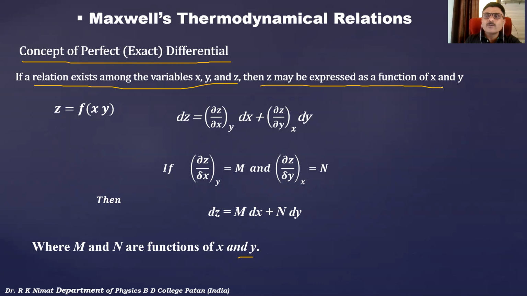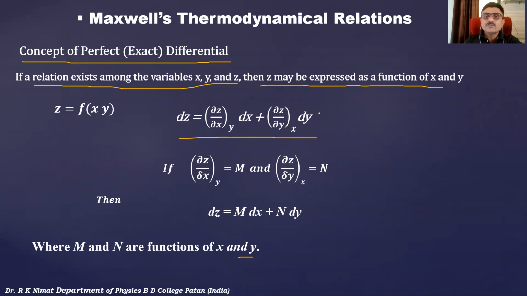Meaning, if there are three thermodynamical variables, suppose x, y, and z, and if z is a function of two other thermodynamical variables x and y, then we can write the mathematical relation as dz is equal to the partial differentiation of z with respect to x at constant y into dx, plus the partial differentiation of z with respect to y at constant x into dy.